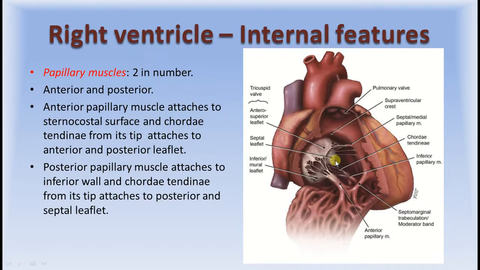The anterior one, from the sternocostal surface, goes to the anterior and posterior leaflets. The posterior or inferior papillary muscle, from the inferior wall, through the chordae tendineae attaches to the posterior and the septal leaflets.